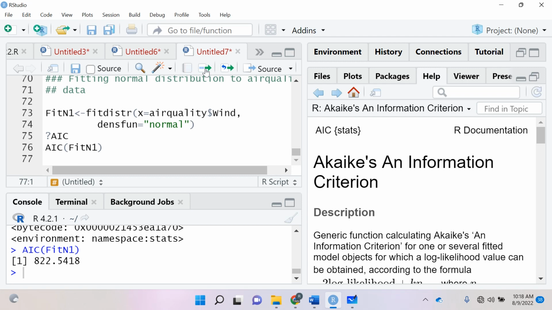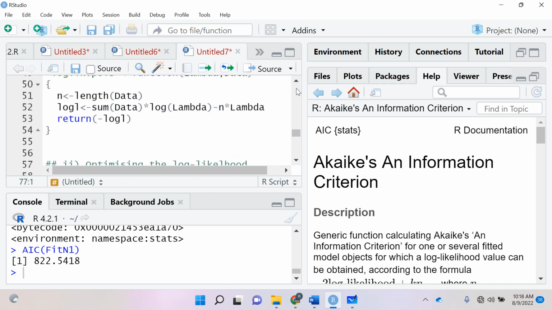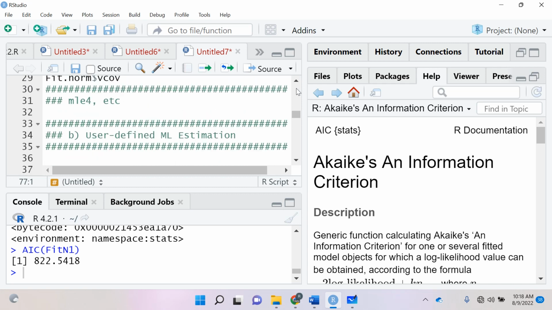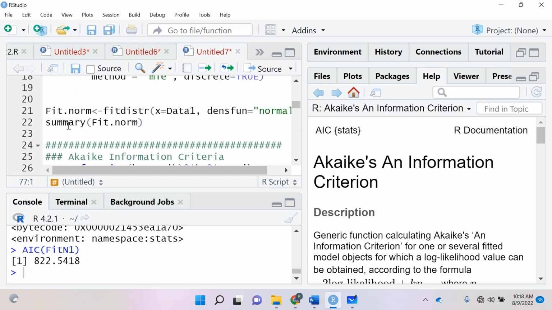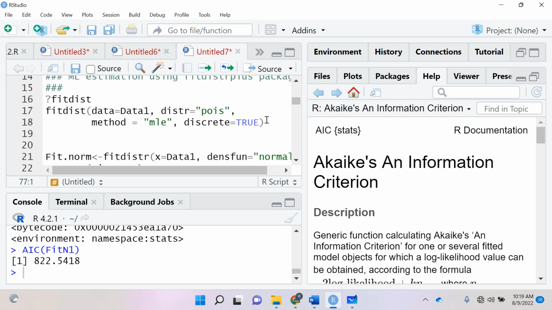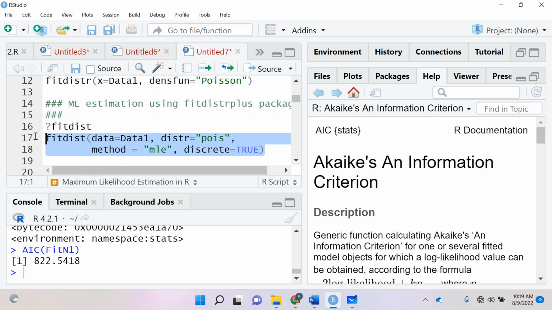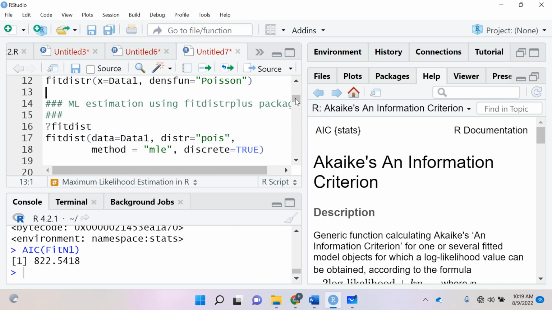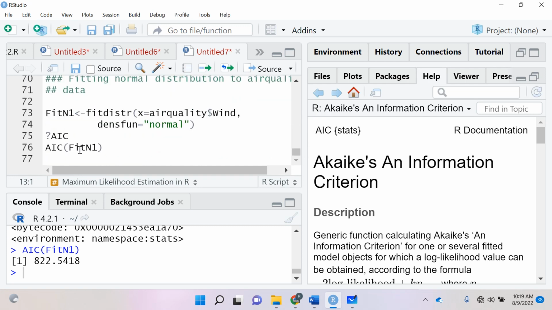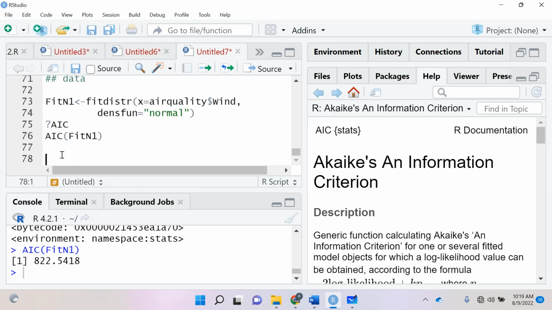Now I can also do this fit using the other one, which is fitdist in the fitdistrplus package.